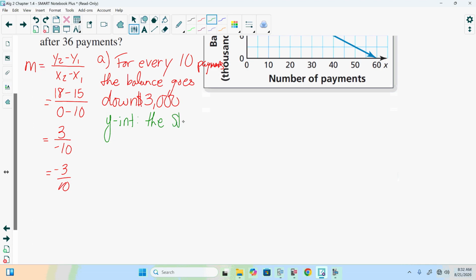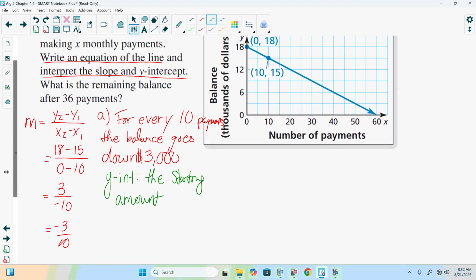The starting amount, because we haven't made a payment on it, so that's how much we owe, yes? So it's the starting amount, the beginning balance, the amount of the loan. That's all the y-intercept tells us.